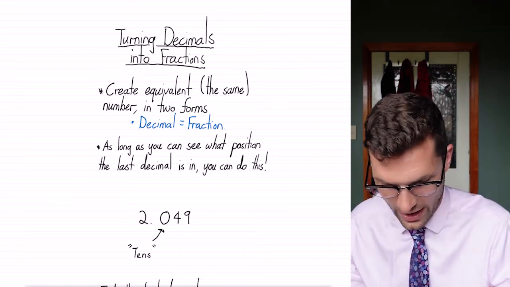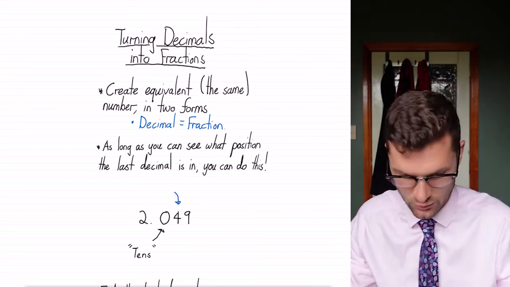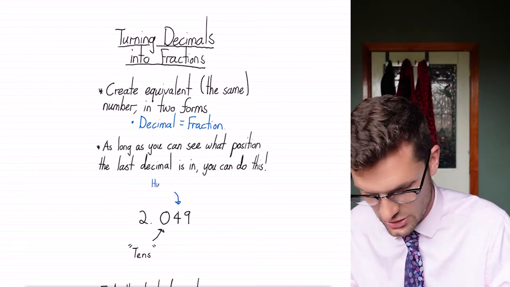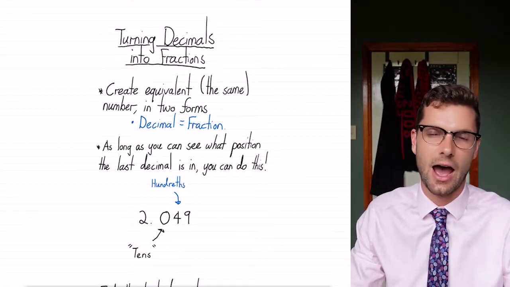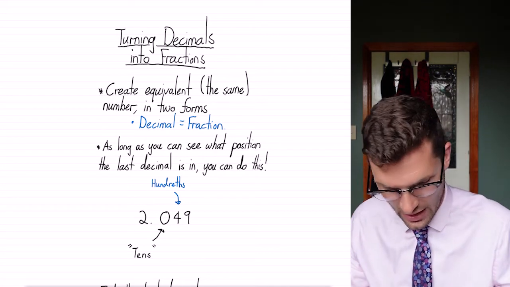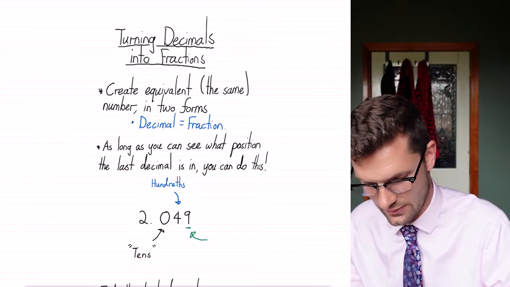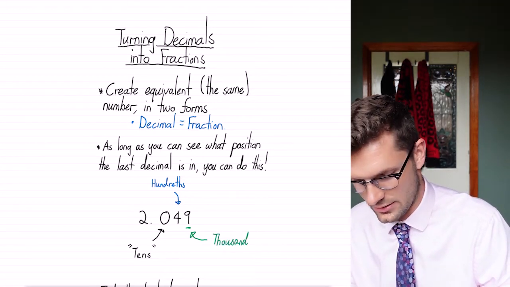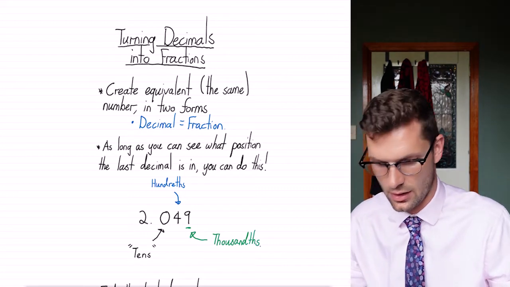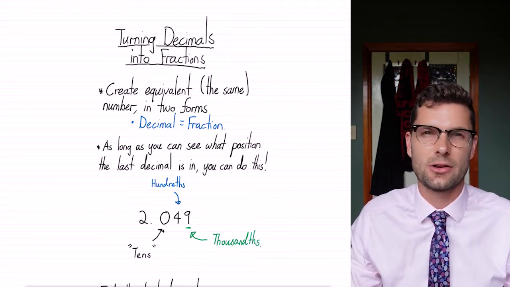The one after that, this 4 here, or 2 away from the decimal place, is in the 100th position because you need 100 to make one whole. And then finally, this last one, the 9, you might have guessed it, is in the 1000th position, thousandths. So if you can identify those ones, you'll be able to do this.